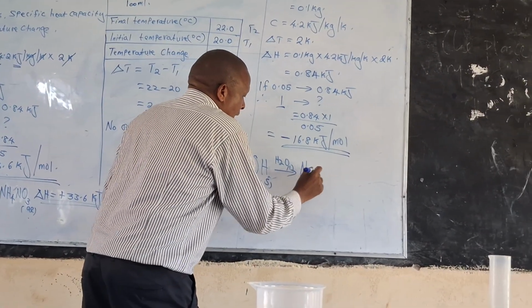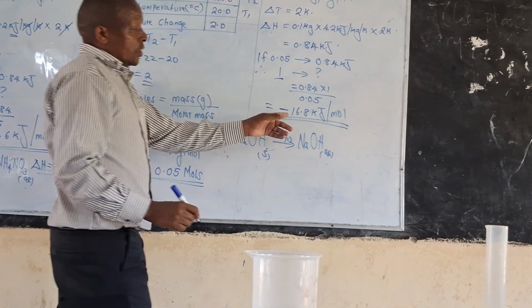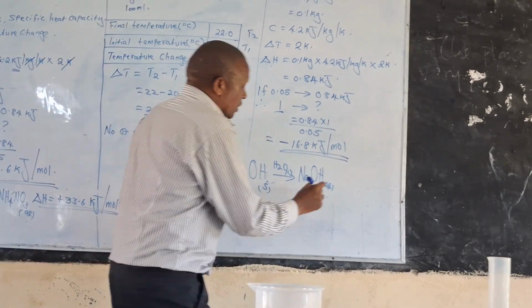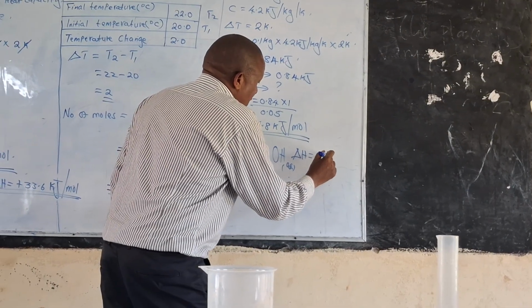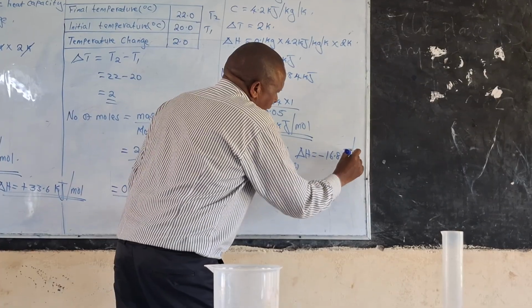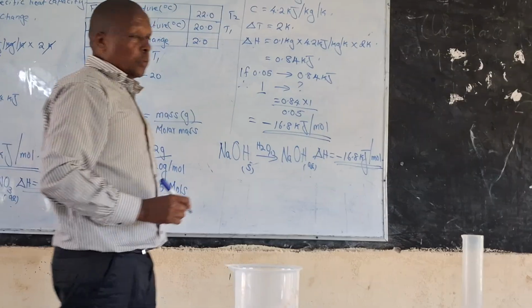Sodium hydroxide solution. Then what do we include? Molar heat change, which is going to be what? Delta H is equal to negative 16.8 kilojoules per mole. And that is your thermochemical equation.